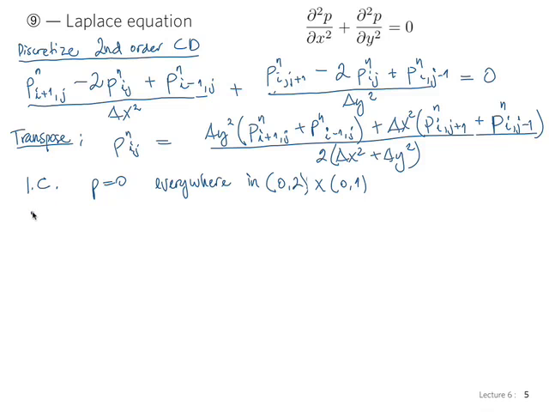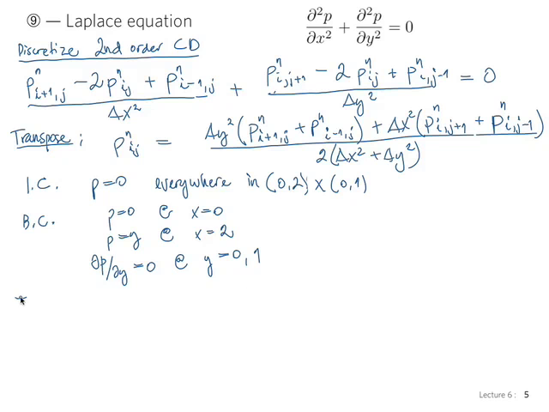And we're going to have as boundary conditions P equal to 0 at x equal to 0, p equal to y at x equal 2, and we're going to have a Neumann boundary condition dp dy equal to 0 at y equal to 0 and 1.